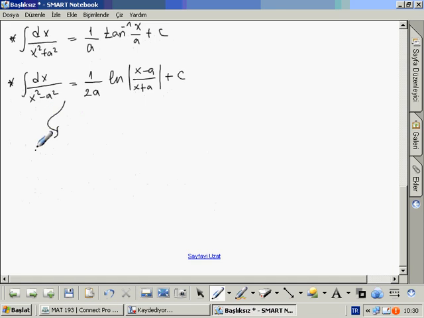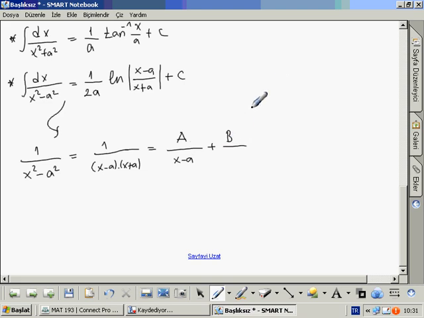And that means 1 over x squared minus a squared equals 1 over x minus a times x plus a, right? And after that it equals A over x minus a plus B over x plus a, where A and B are constants.